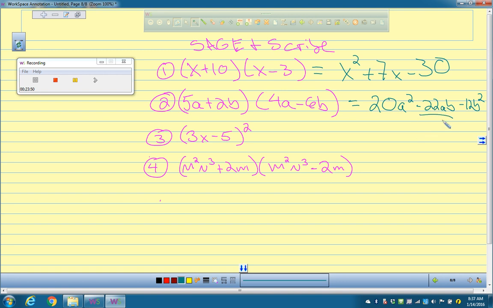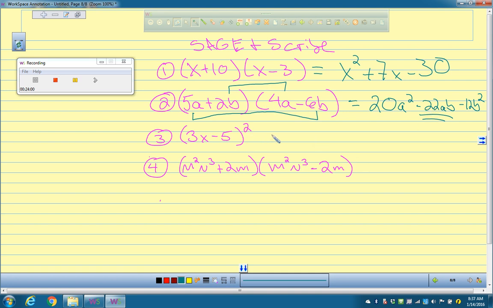Okay? Because the minus 22ab comes from 2b times 4a gives you 8ab, and negative 6b times positive 5a gives you negative 30ab. And when I combine negative 30 with positive 8, I get negative 22ab.